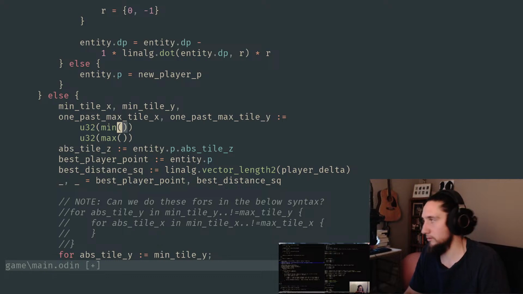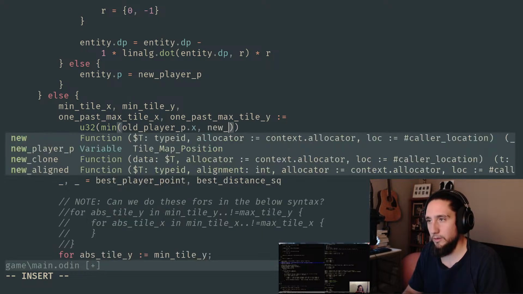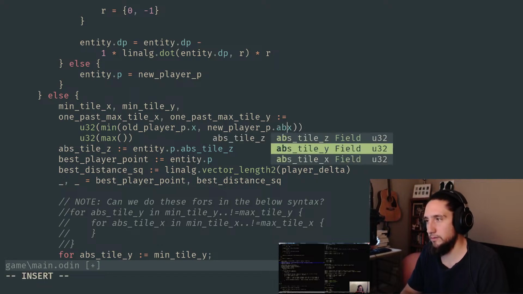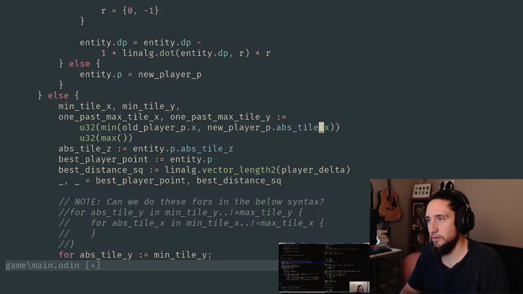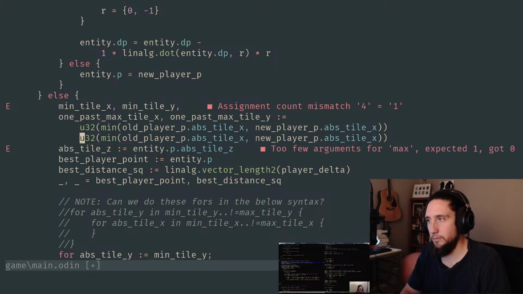Old player P dot x and new player P, and this is actually abs tile x, not plain old x. And actually, this was also min. Doesn't look like it's complaining about me using these min and max built in, so that's good.